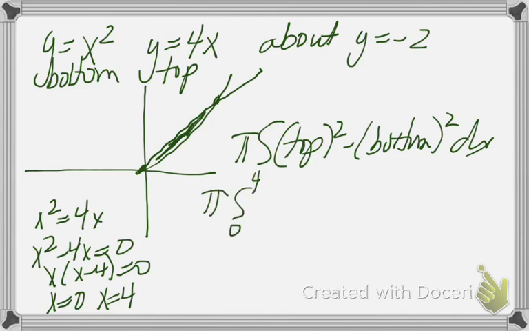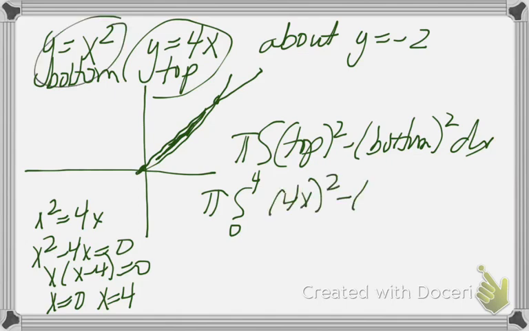We already said that the top function is 4x, and the bottom function is x squared. So far that looks good, but the one thing that we didn't think about is that it's revolving around the line y equals -2.